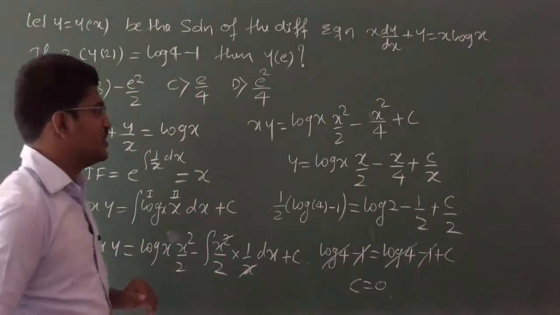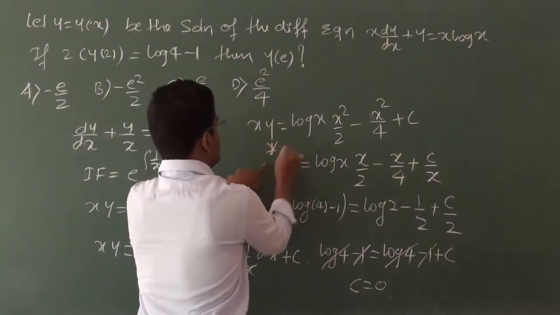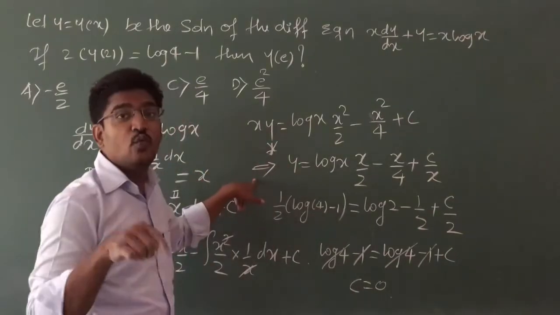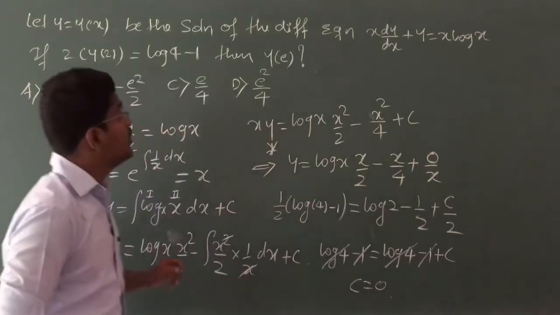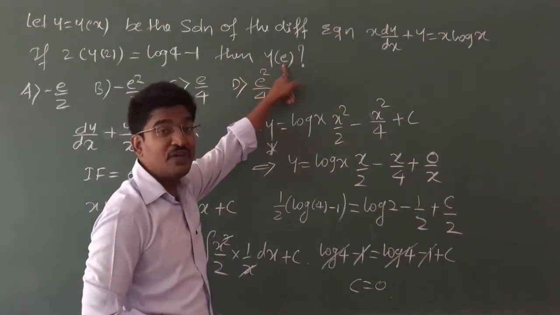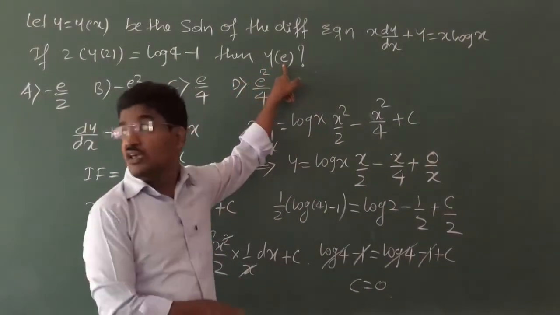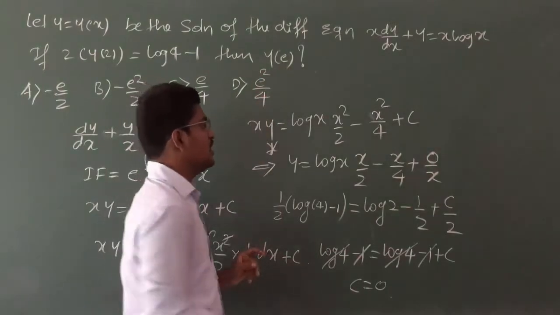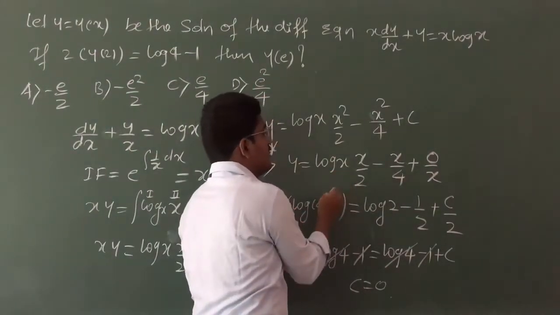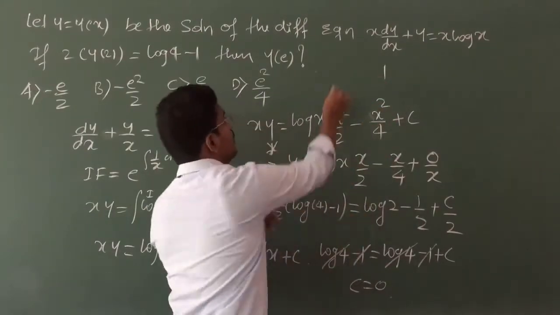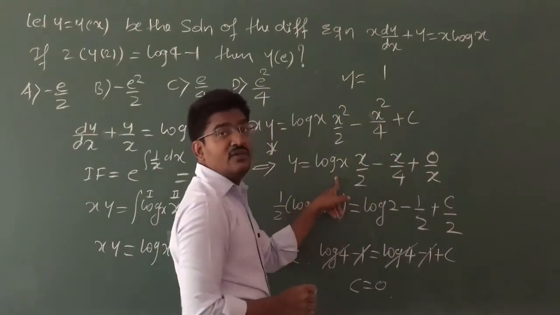After getting c equal to 0, in this equation, you have to find y term. See here, c equal to 0. You have to calculate y of e, that means x is e. So if x is e, here you are going to put e term, log e to the base e will be what? 1. Log e to the base e will be 1.